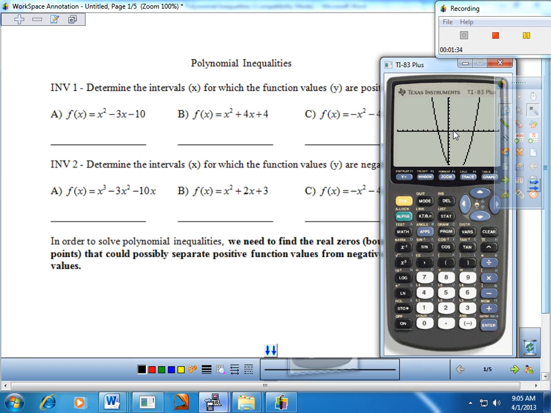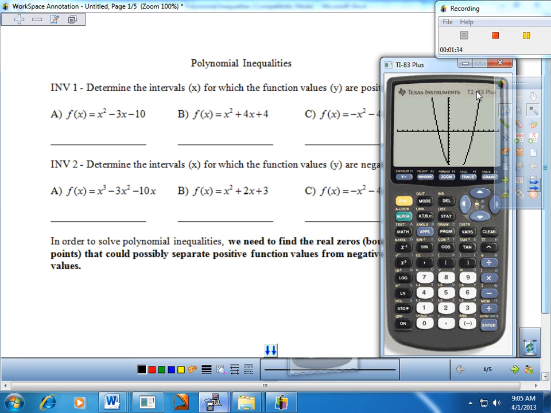Also, I see another spot where we are above the x-axis. 1, 2, 3, 4. Here's positive 5 right here. As I go to the right of positive 5 on my coordinate plane, I'm going up and up and up. I'm above the x-axis. Everyone okay with that? So to the left of -2 and to the right of positive 5.